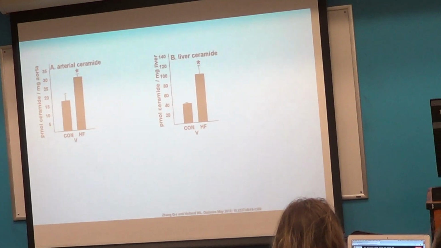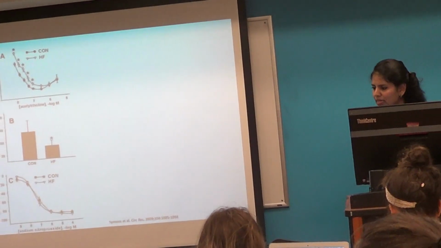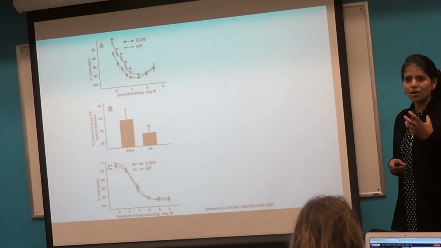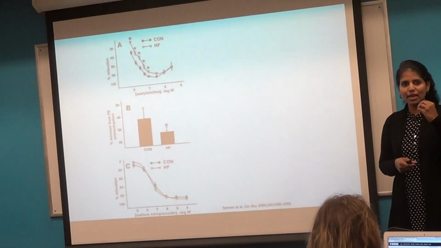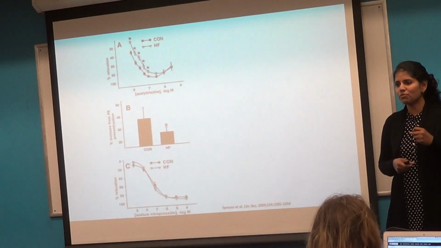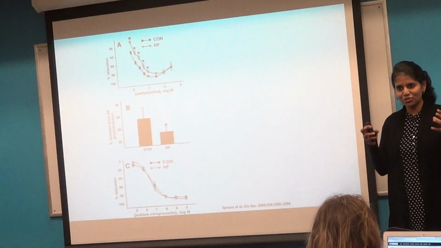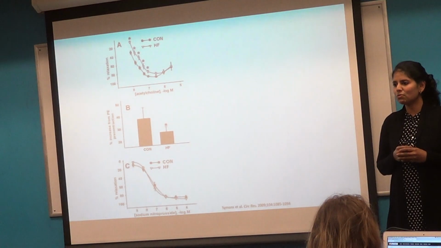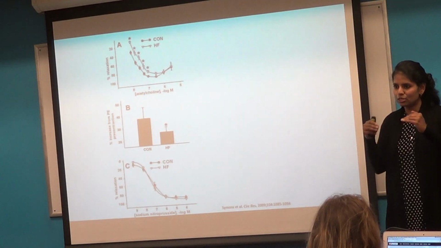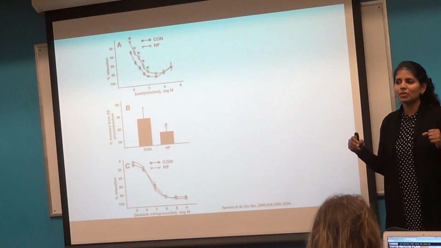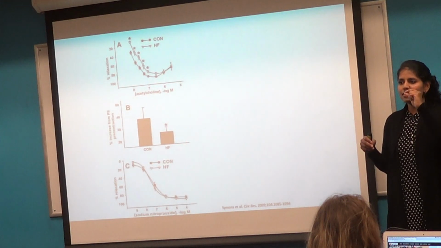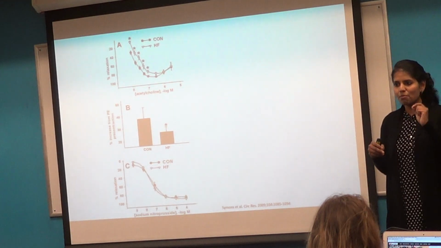So now what we were thinking is, what's different about this free fatty acid? What component of the free fatty acid could be influencing this in us? Once again, we searched the literature to find how the fatty acid is broken down. We constantly saw something called ceramide.